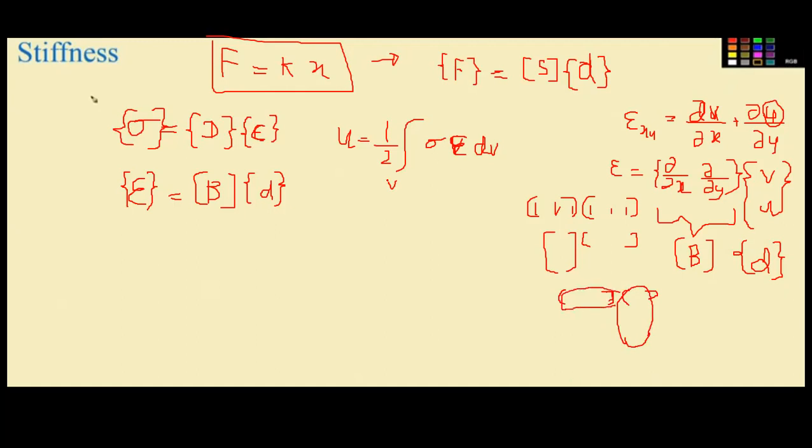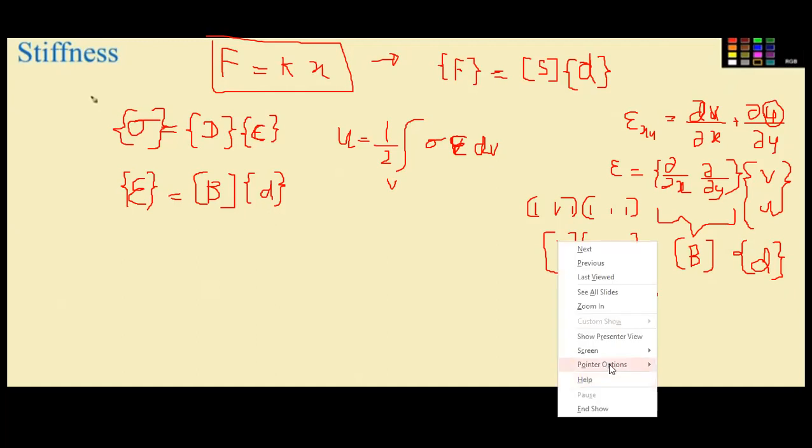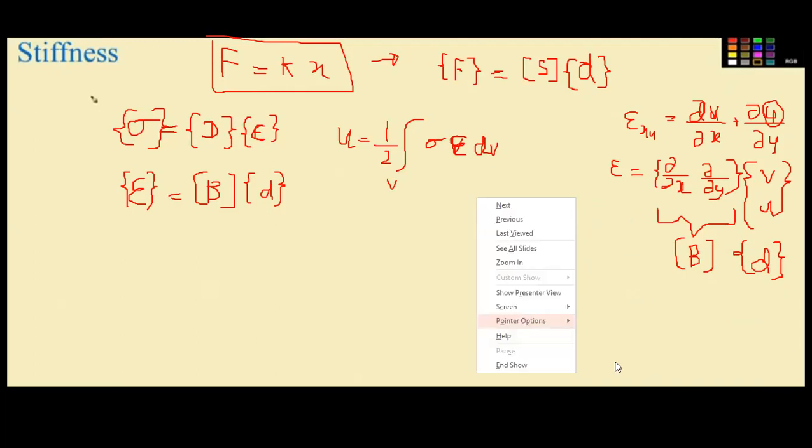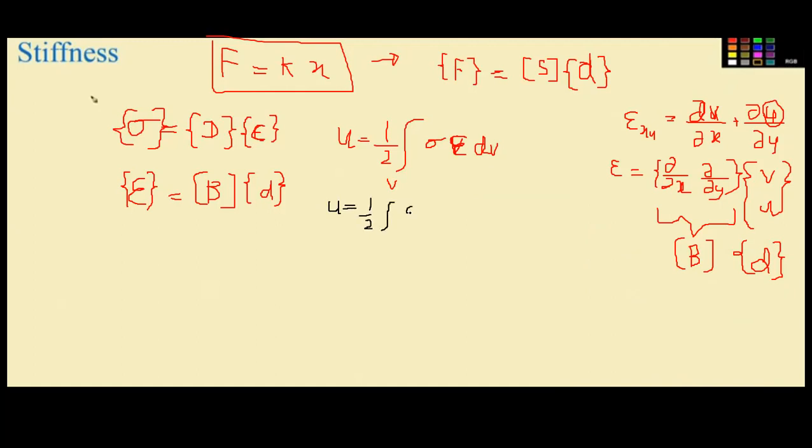So I'm transforming the epsilon naught matrix so that I can write sigma is equal to D into B into d, okay.